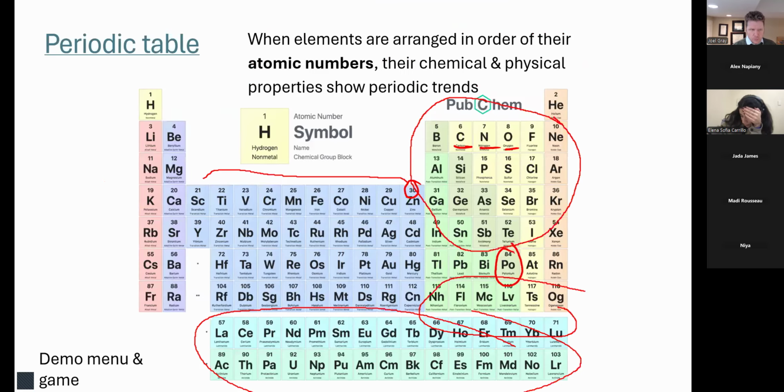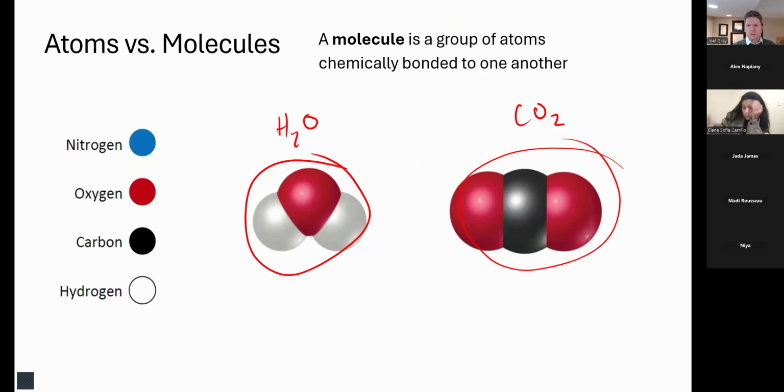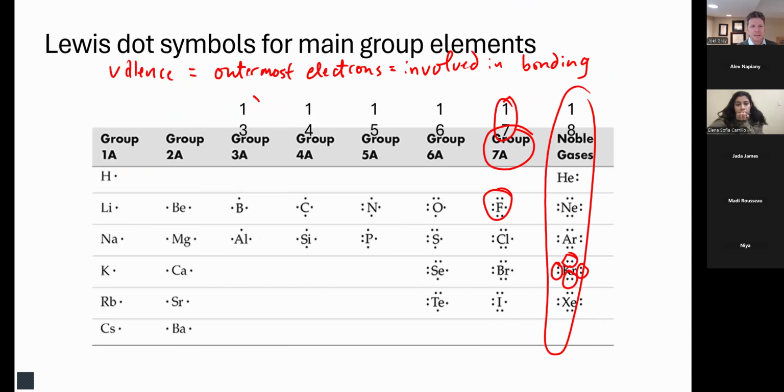Now, when we talk about molecules and bonding, that's where this all comes in. So these right here: helium, neon, argon, krypton, xenon. Let me ask you about the s subshell. How many electrons does helium have in its s subshell? Helium's kind of tricky. It has 2, and that's all that it has.